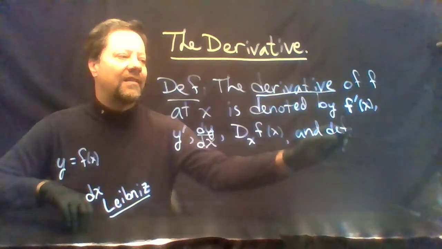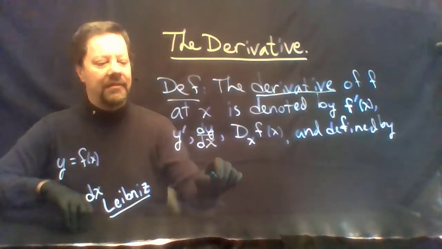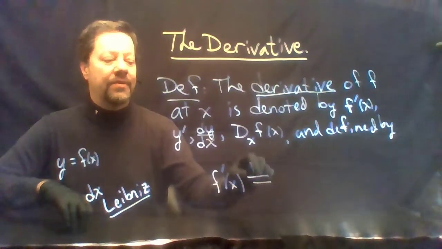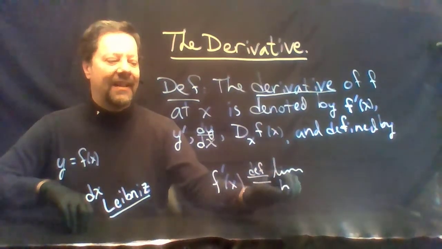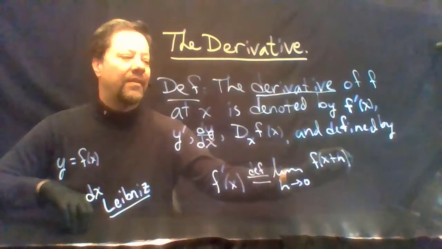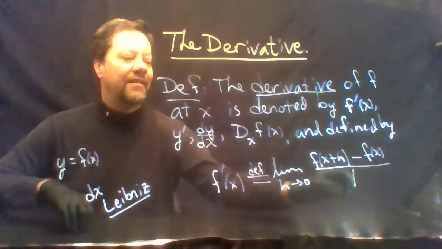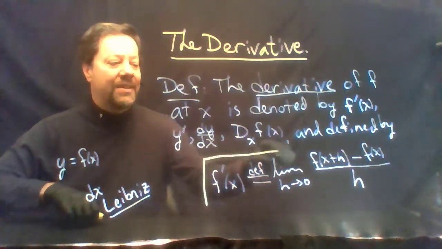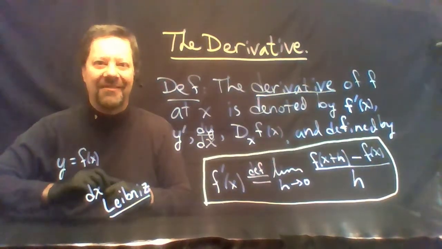And defined by, I'll write it as f prime of x equals, because I said so, the limit as h goes to 0 of f of x plus h minus f of x all over h. I want you to inscribe this notion on your brain and never forget it from this moment forward.